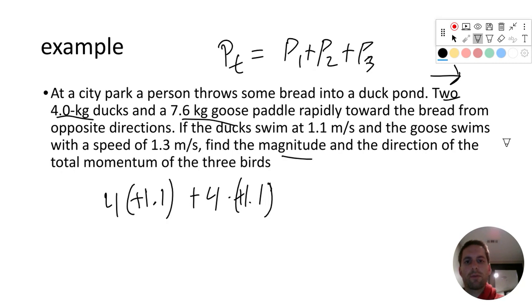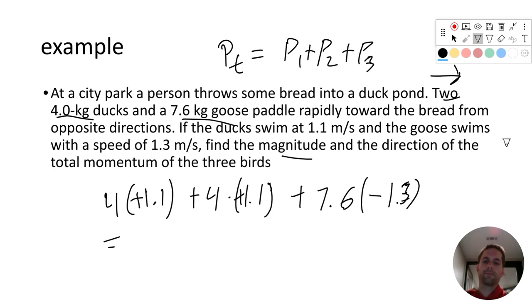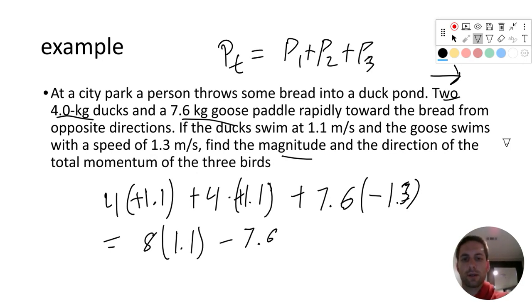The goose is swimming in the opposite direction, so plus 7.6 times negative 1.3. And if I add this together, I should get 8 times 1.1 minus 7.6 times 1.3.